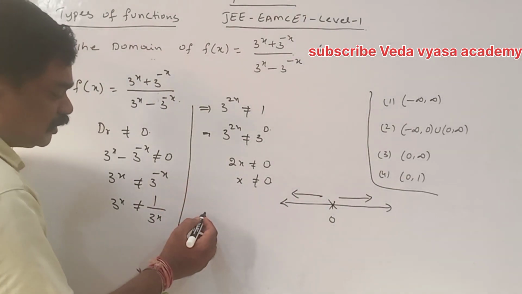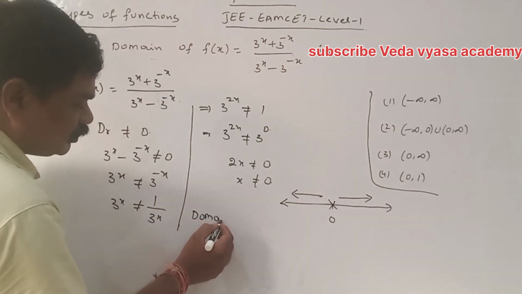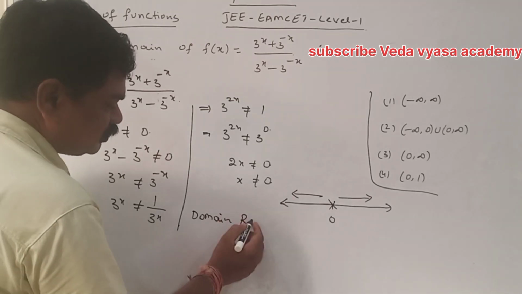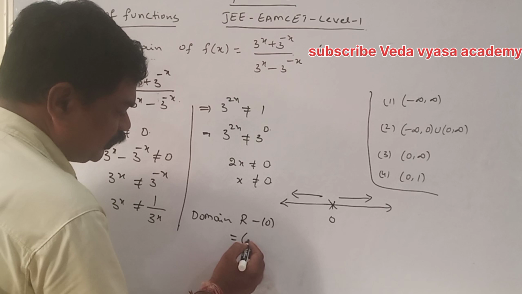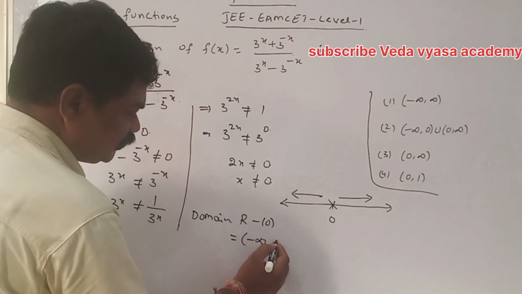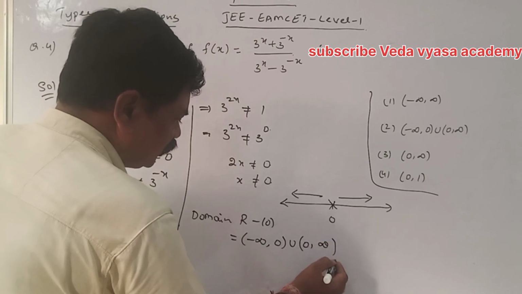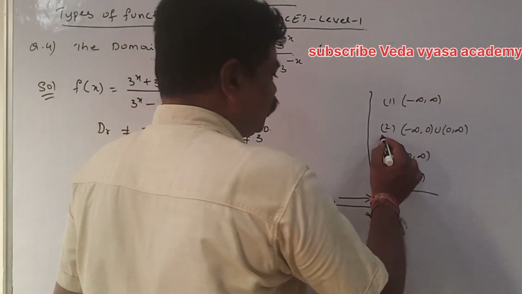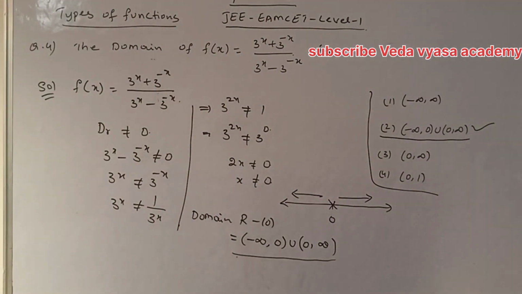So the domain is R minus {0}, or it can be written as the open interval minus infinity to 0 union 0 to infinity. So this is the answer, option 2. That's all.